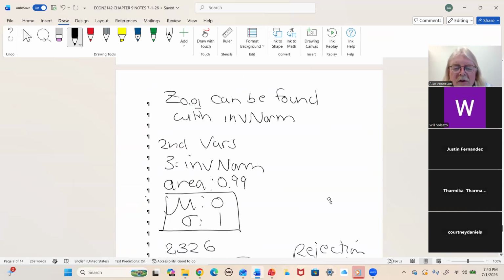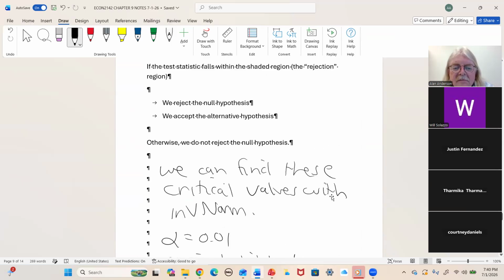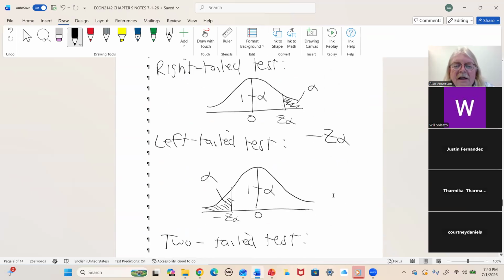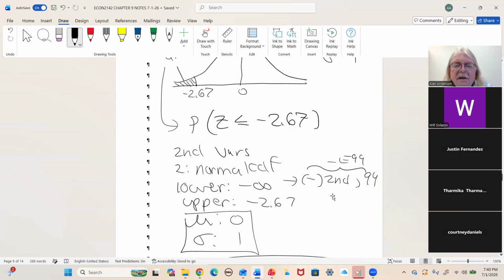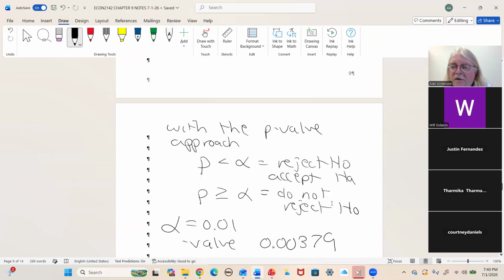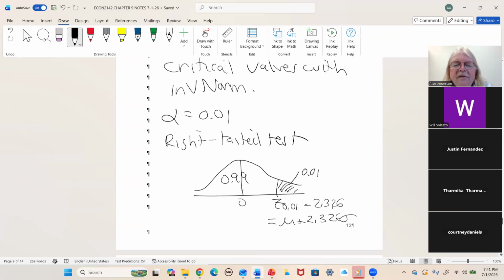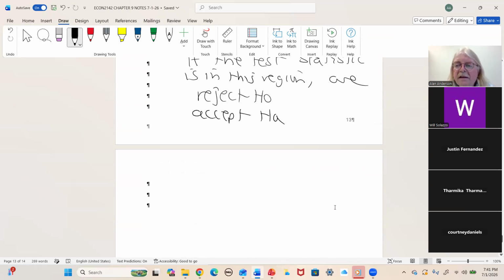Oh, wait, sorry, that's the wrong one. Oh, no, that was a left tail test. That's why. Okay. So if we had a right tail test, this is what it would have looked like. Hypothetically, with a left tail test, we'd be looking at the other tail, the one that has 1% below it.